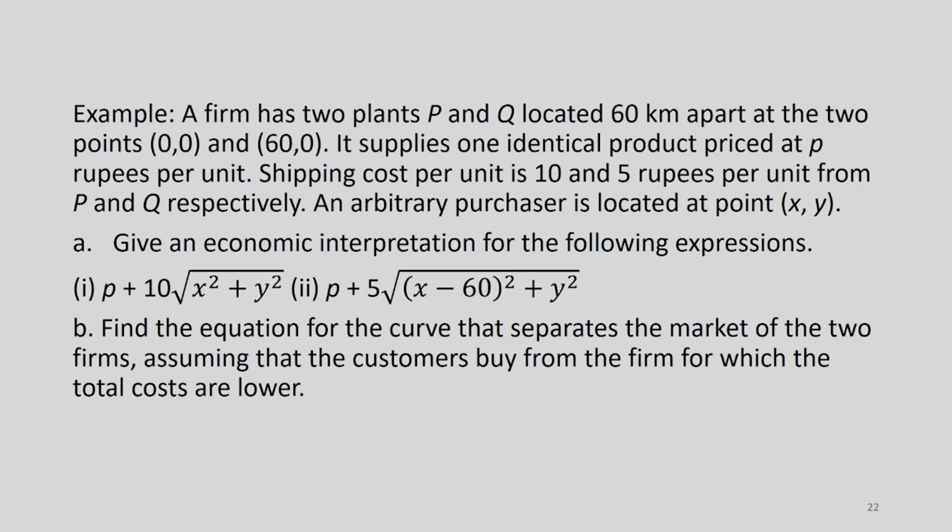Give an economic interpretation for the following expressions: number 1, P plus 10 multiplied by root over x square plus y square, and number 2, P plus 5 multiplied by root over (x minus 60) whole square plus y square. Okay, let us first try to answer this first one.